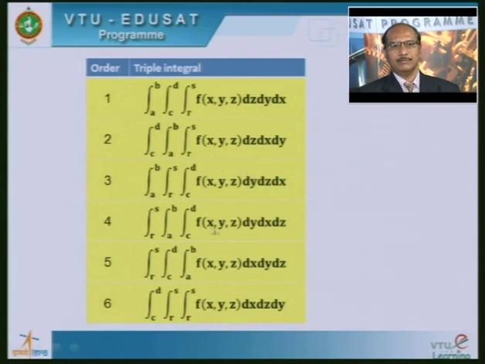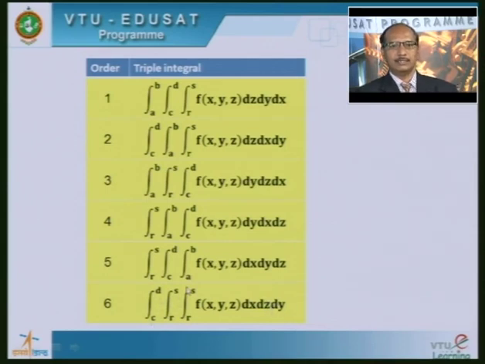Like this, one triple integral with constant limits can be evaluated in all 6 possible ways. Lastly, if you want to integrate first with respect to x, that is the inner integral, second with respect to z, then with respect to y, see the limits here. First with respect to x means the limits should be a to b, it is not r, s. So for f(x,y,z), the first limits are a to b, then the z limits r to s, and the y limits last, c to d.